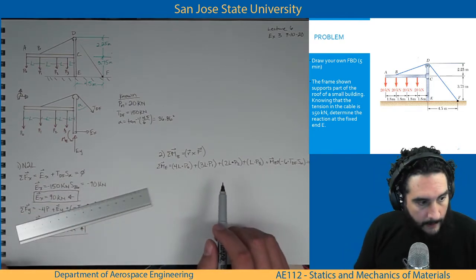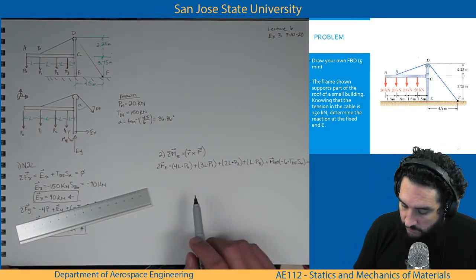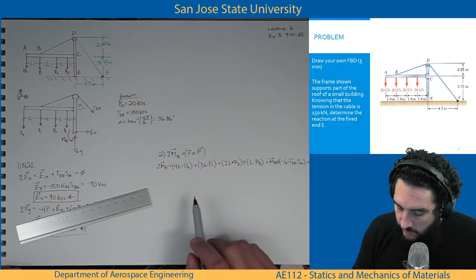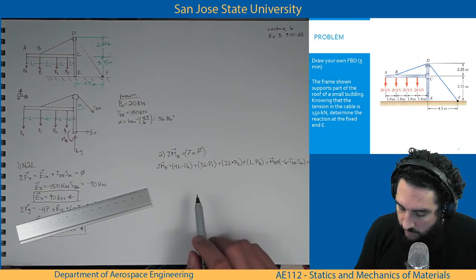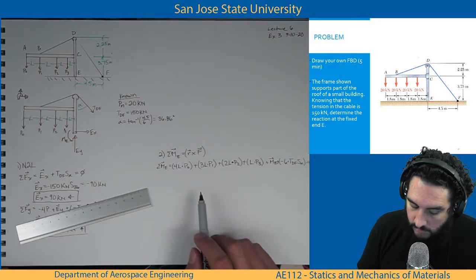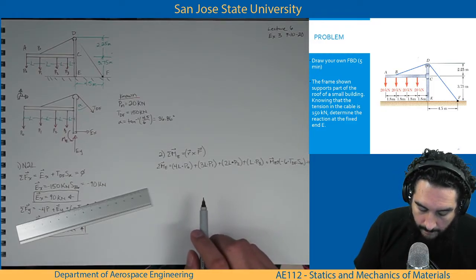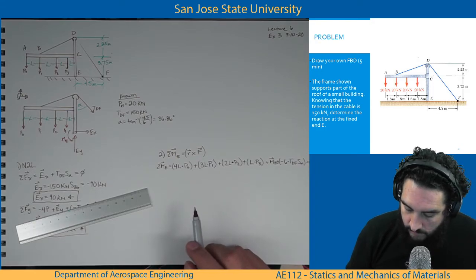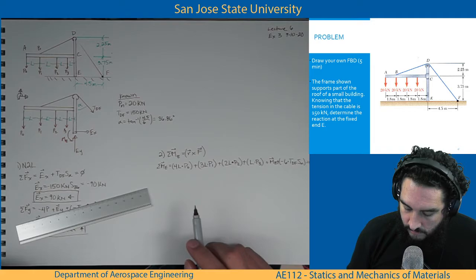Okay. Why are we multiplying the moment of E by the moment of the tension force, instead of just adding it as one of the moments separate from the moment of the tension force? I'm sorry, say that one more time. Why are we multiplying the moment E by the moment of the tension force rather than just adding it as one of the separate moments?